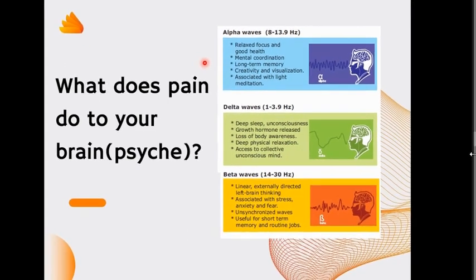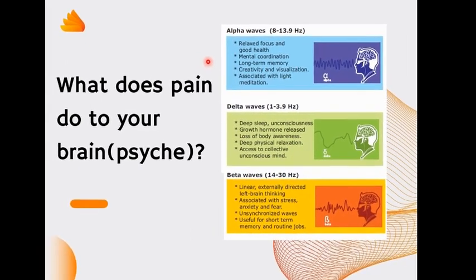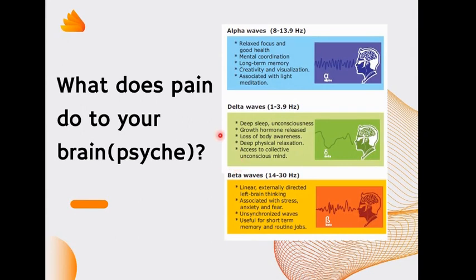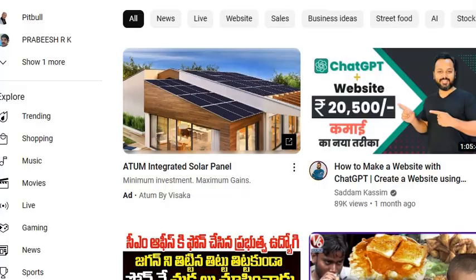The second point we need to remember is that sleep imbalances are associated with delta imbalances. Physical relaxation goes down when delta waves are out of balance. And third, anxiety, fear, and stress are associated with the beta waves when they are over and high. Okay, is this clear, this much part?